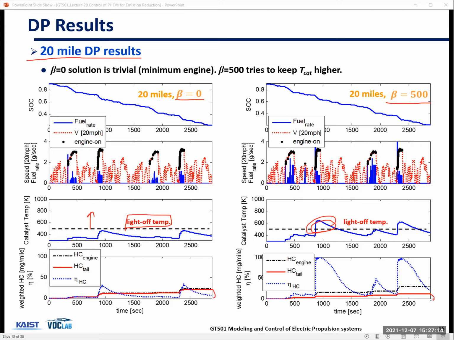It's warmer, okay? But that's at the expense of using more engine and more fuel, okay? If you compare this part, you can see more fuel consumption there, okay?